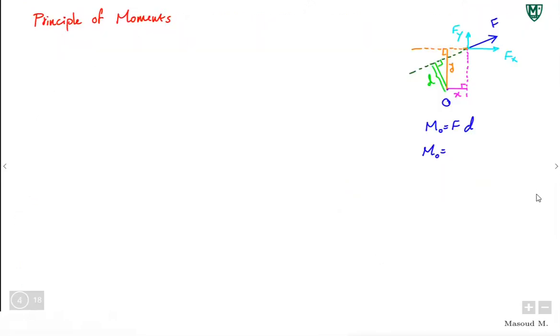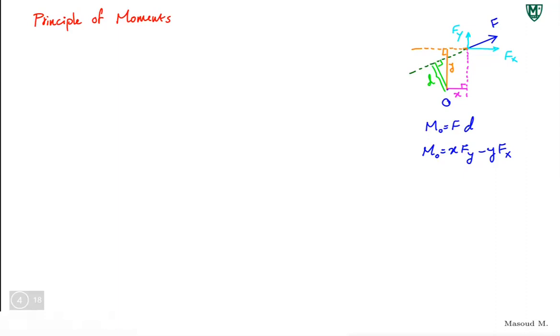So x Fy would be positive, four fingers counterclockwise, minus y Fx. So this is the moment of Fx and Fy about point O.